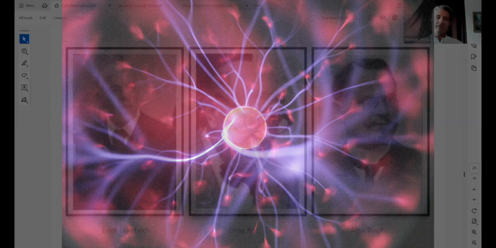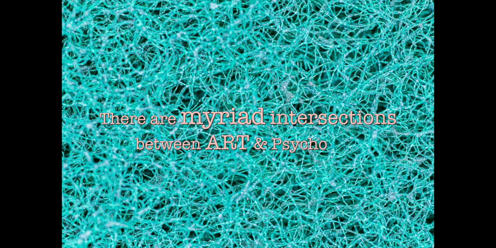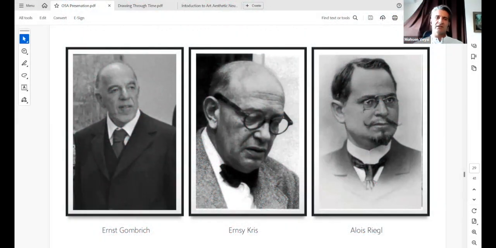His path has been continued by other generations of art historians of the Vienna School of Art History, such as Ernst Kris, who met Sigmund Freud and was encouraged by him to continue using psychology to study artworks, and Ernst Gombrich, who used different types of psychology, like Gestalt and so on, to explore the role of the viewer.